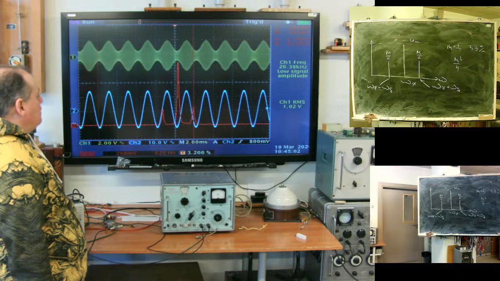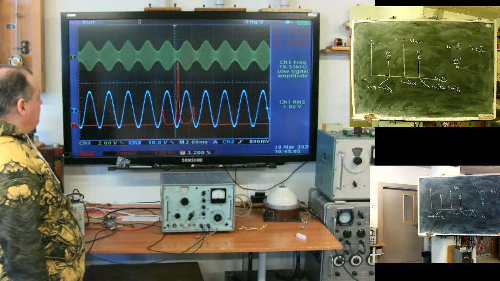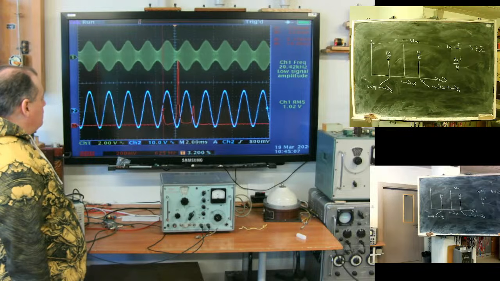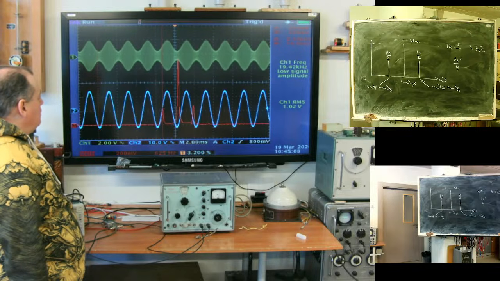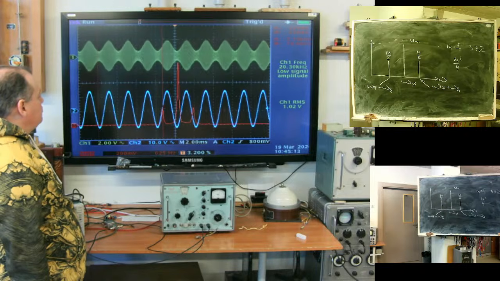Here, the upper sideband, should be 20.5.